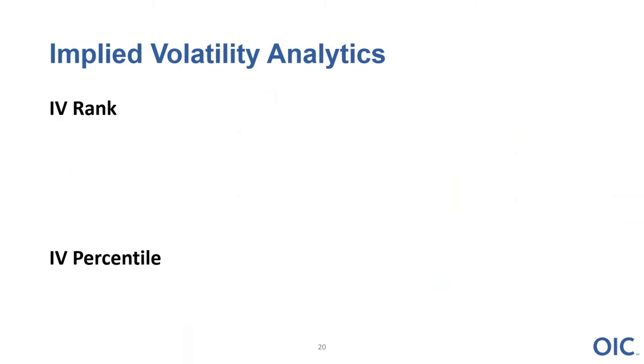I'm going to define IV rank and IV percentile as two of the more popular analytics that you might come across. Both of these are doing that apples-to-apples comparison of today's implied vol level to some historic data set of past implied vol levels. Starting with IV rank.